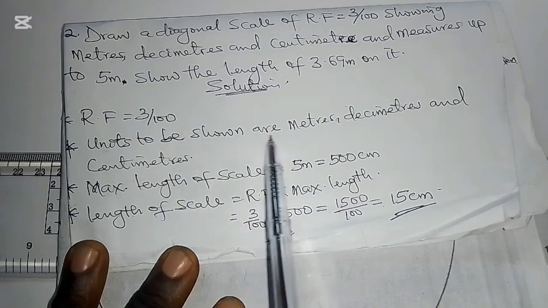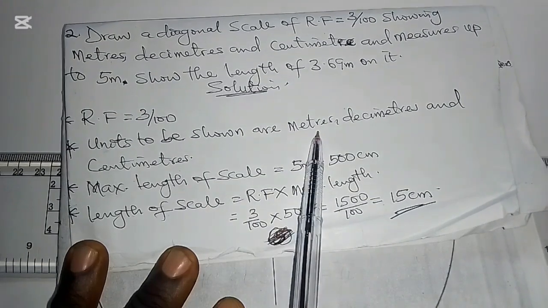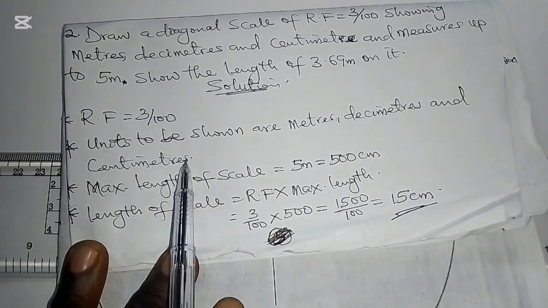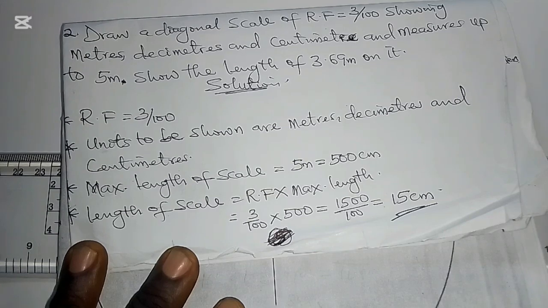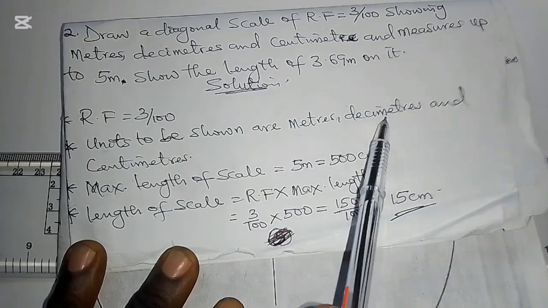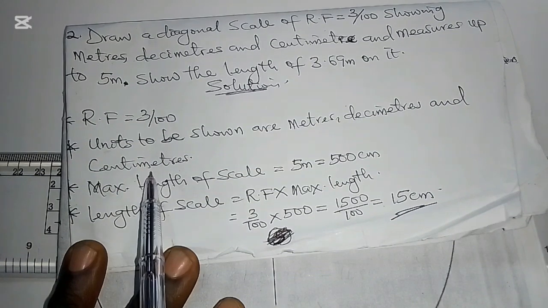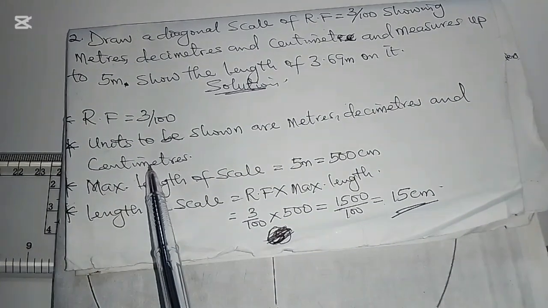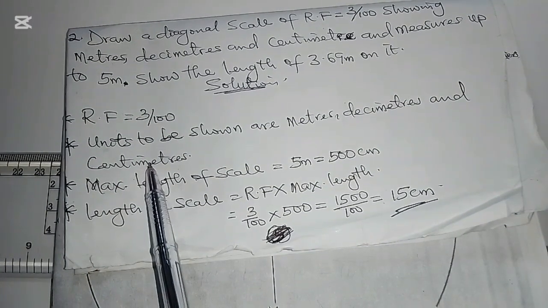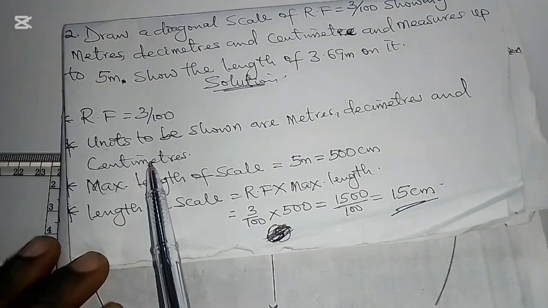Units to be shown on the scale are meters, decimeters and centimeter. That means it measures up to 3 units. Don't forget I said diagonal scale measures up to a maximum of 3 units: meters, decimeters and centimeter, while plain scale measures up to a maximum of 2 units. Please don't forget the difference between them.